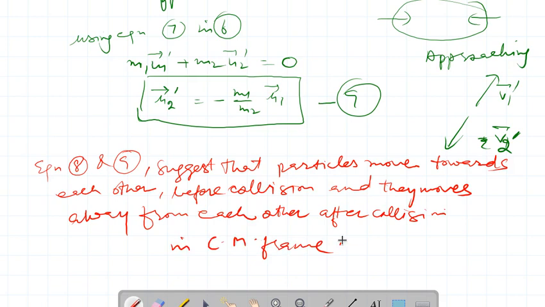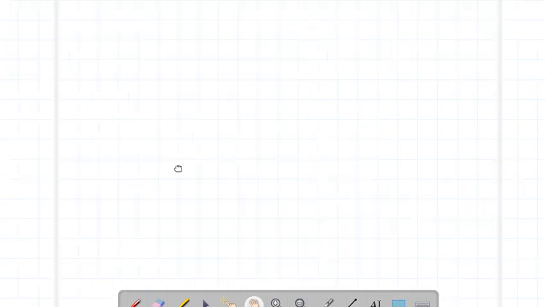And then kinetic energy is also conserved, as it is an elastic collision. So kinetic energy is also conserved.